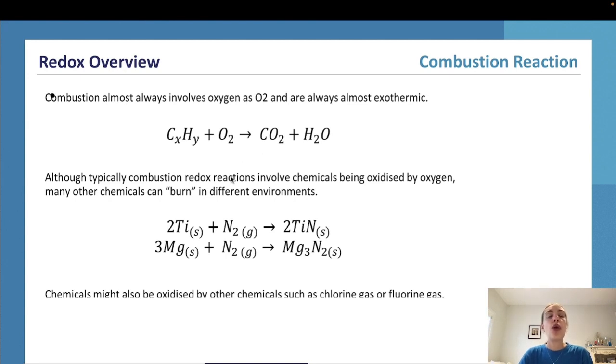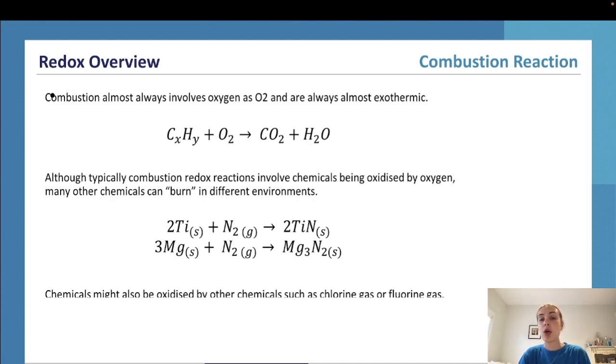Although I did say that typically a combustion reaction is going to involve a chemical that is oxidized by oxygen, many other chemicals can burn in different environments, like nitrogen gas, chlorine gas, fluorine gas.